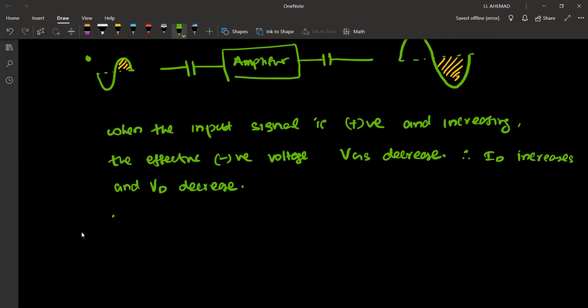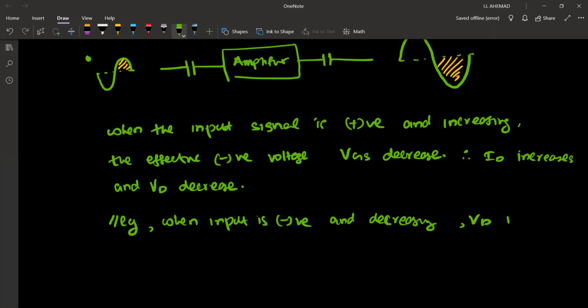Similarly, when input is negative, the magnitude of the negative voltage is decreasing, VD increases.